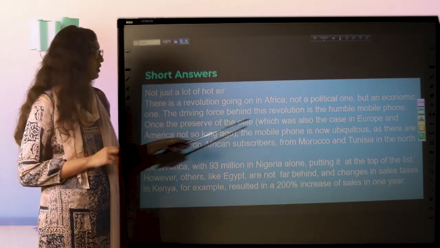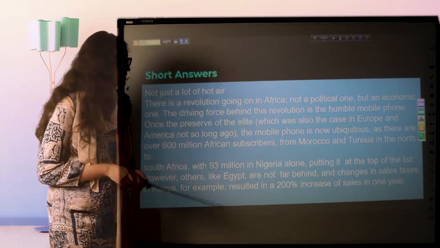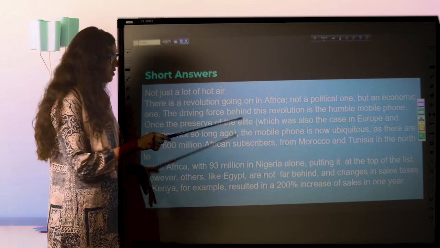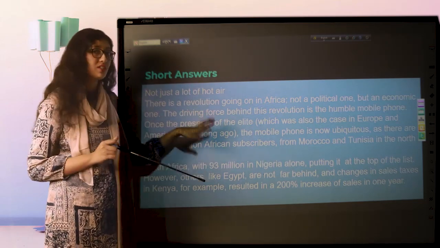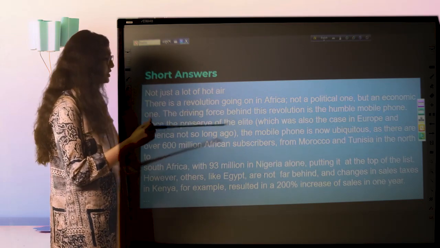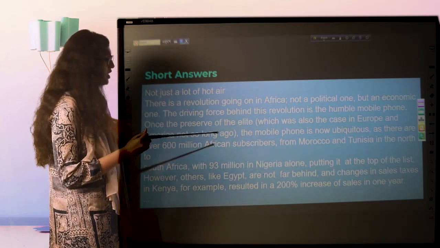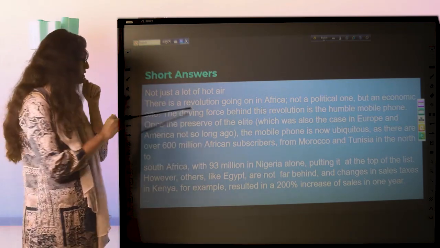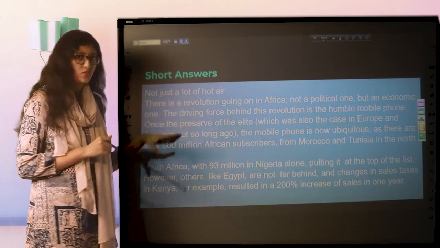So there is a revolution going on in Africa. And it says not a political one, but an economic one. The driving force behind this revolution is the humble mobile phone. So this does seem like a great change, because it's something that is like a revolution. So it's a great change. So we've already found the first answer.